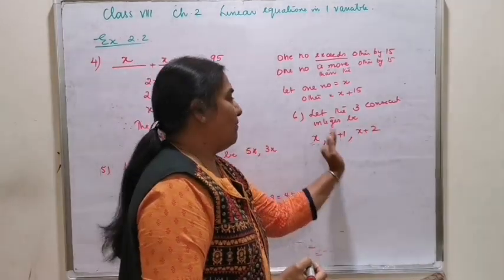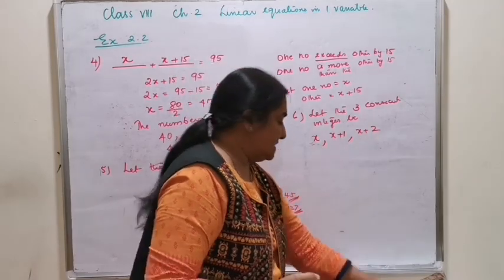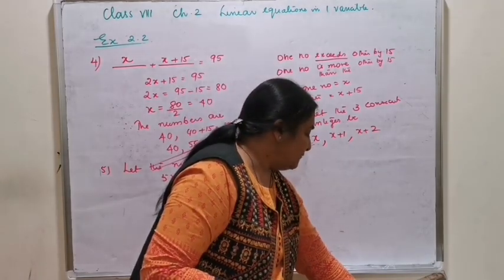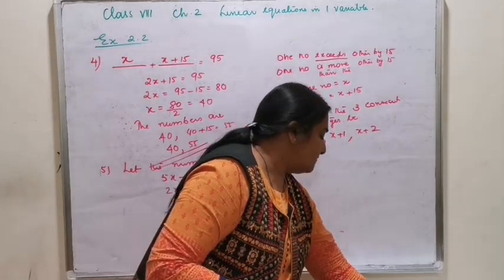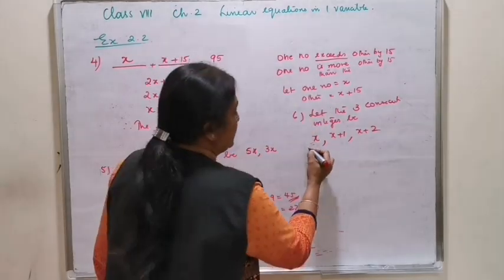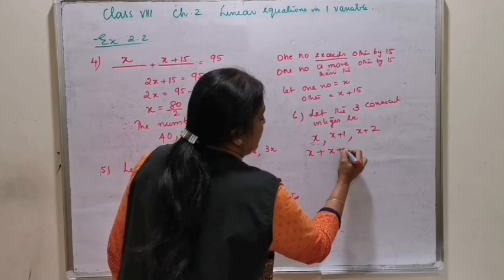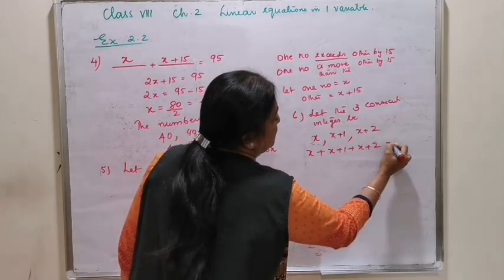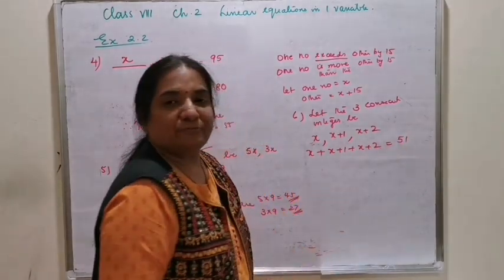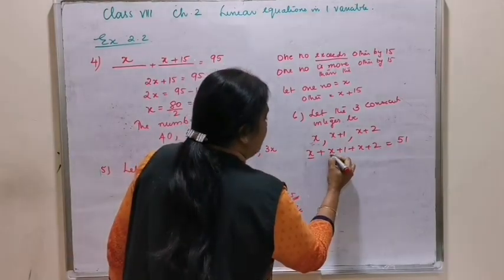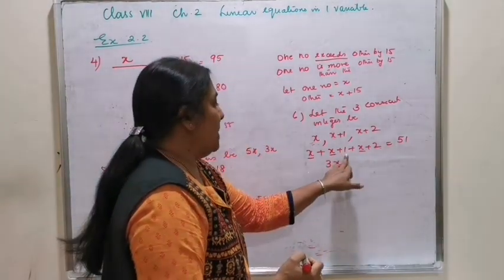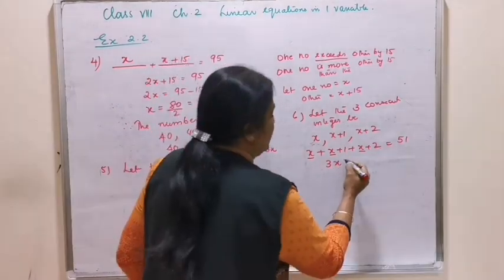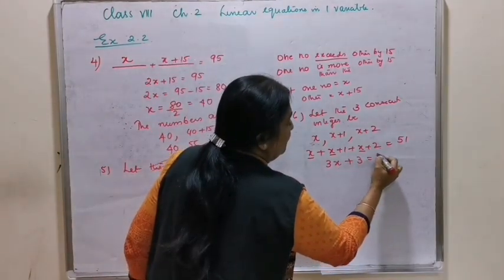The sum of these 3 integers is given as 51. That is, x plus x plus 1 plus x plus 2 is equal to 51. x plus x plus x is giving you 3x. 1 plus 2 is giving you 3, equal to 51.